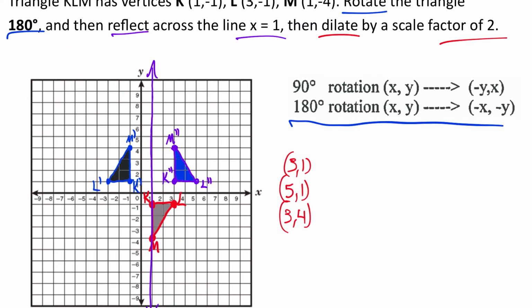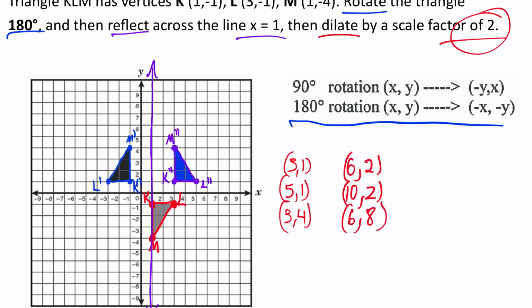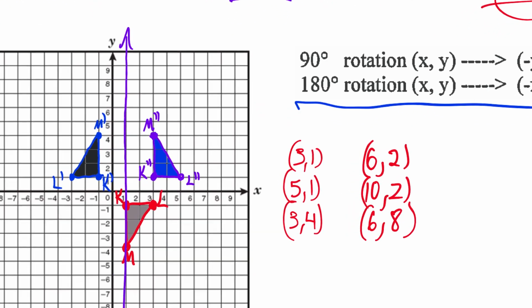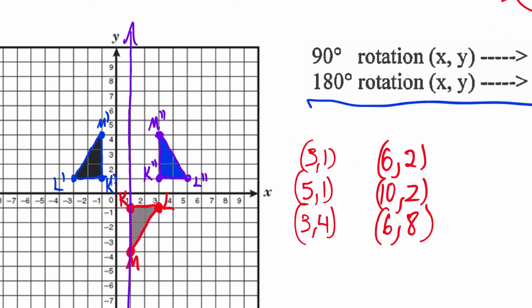So I'm dilating by a scale factor of 2. So all I'm going to do is everything here gets multiplied by the scale factor of 2. So what is 3, 1 going to turn into? 6, 2. What's 5, 1 going to turn into? 10, 2. And then 3, 4 is going to turn into 6, 8. All right, let's see.